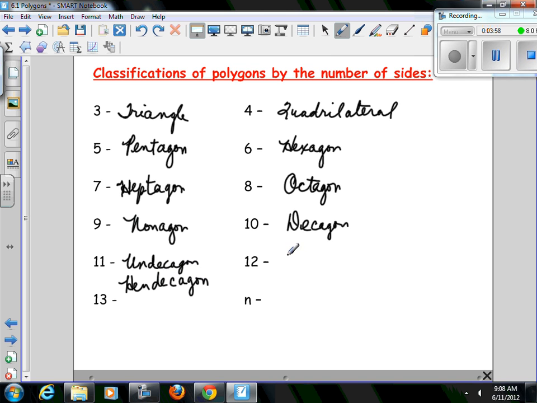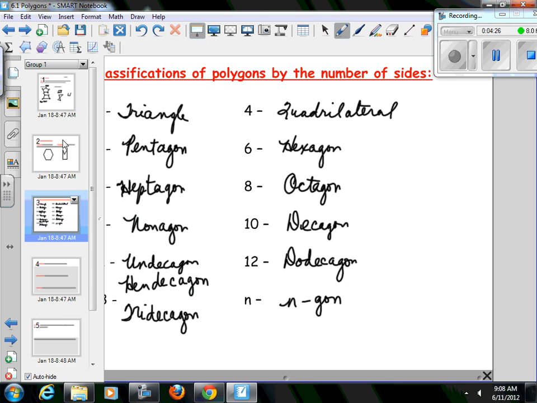A hendecagon. 12 is a dodecagon. 13 is a tridecagon. And if you just have n sides and you're not sure what to call it, just call it an n-gon. That's fine. Let's move on to the next page.